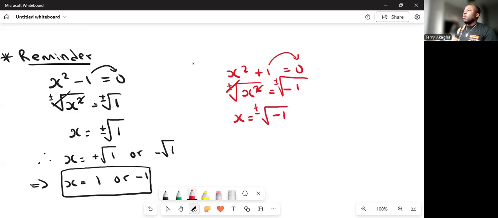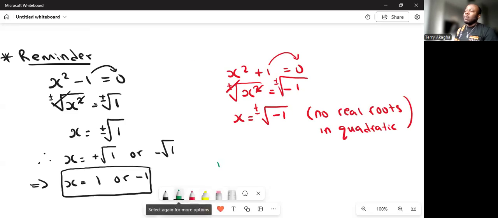Now remember, in quadratic equations we said this is no real root, and we stopped there and moved on. But really, is this the case? Because now we can still solve it using complex numbers.